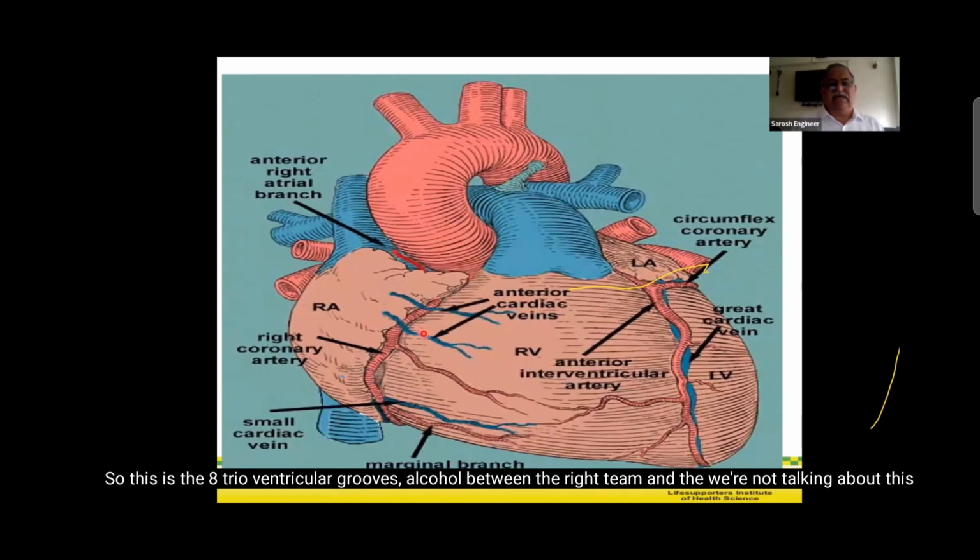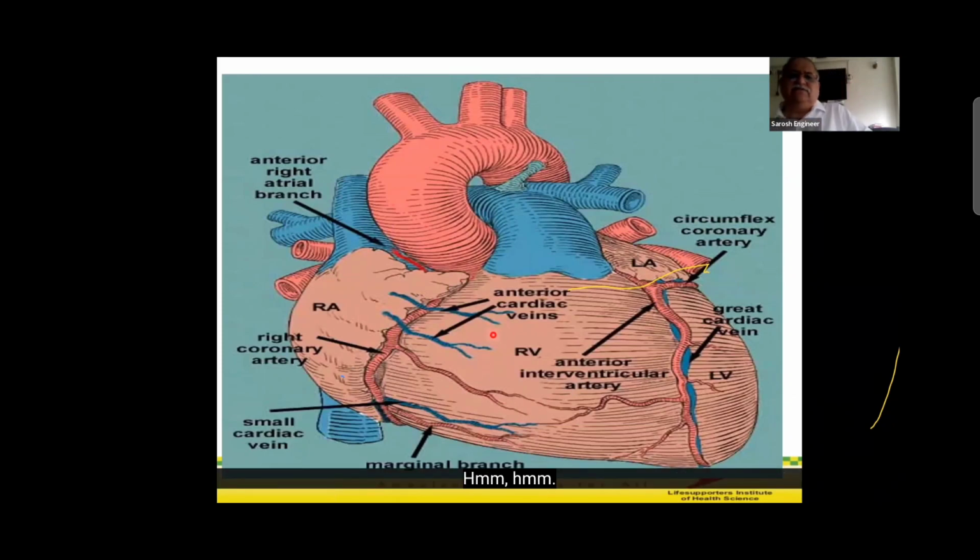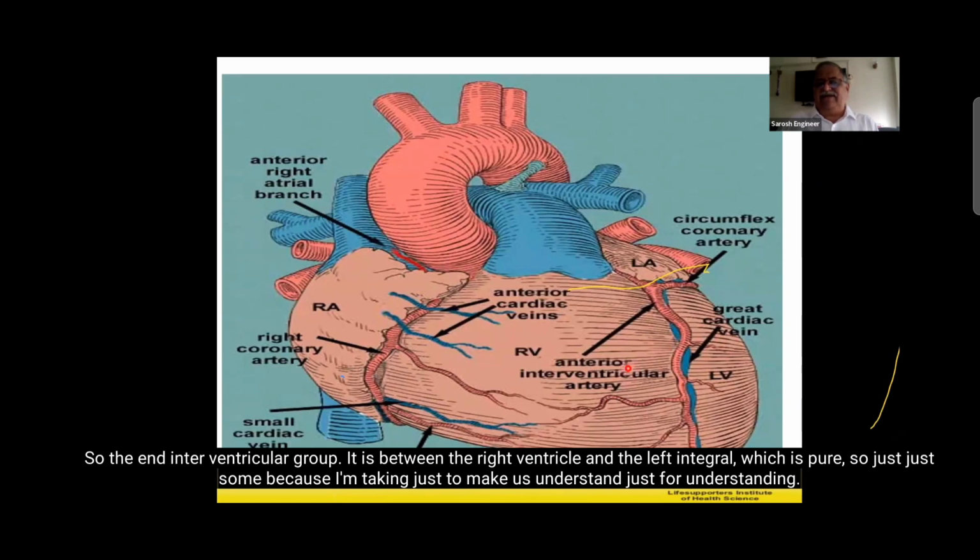This is the atrioventricular groove or sulcus between the right atrium and the right ventricle. We are not talking about this. We are talking about the interventricular groove, which is between the right ventricle and the left ventricle, which is here.